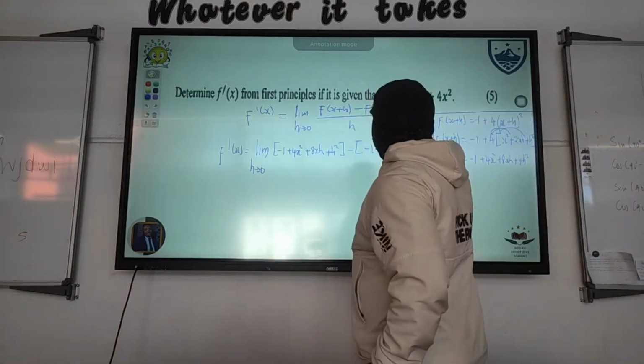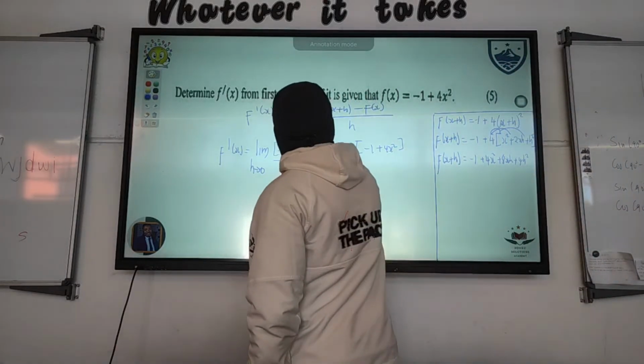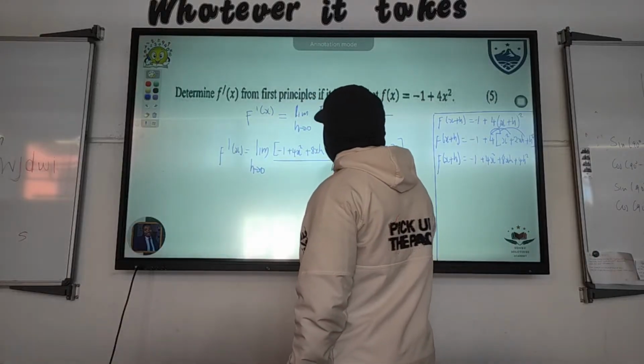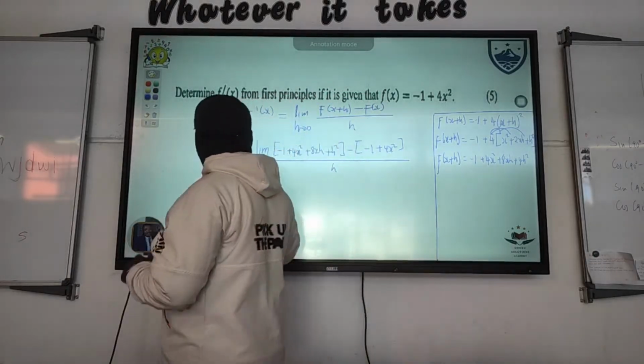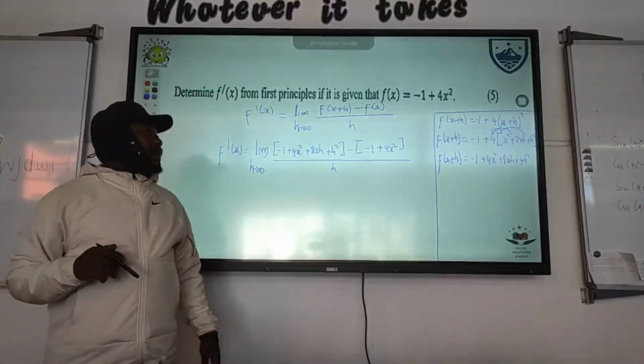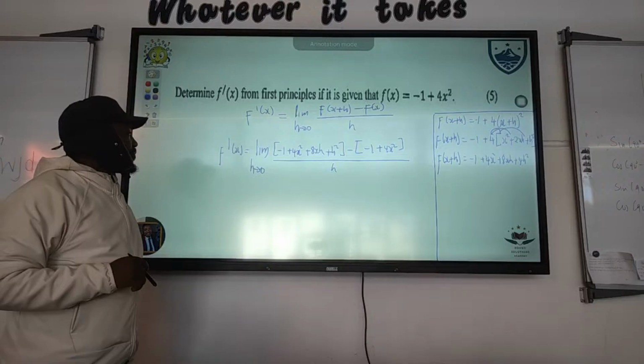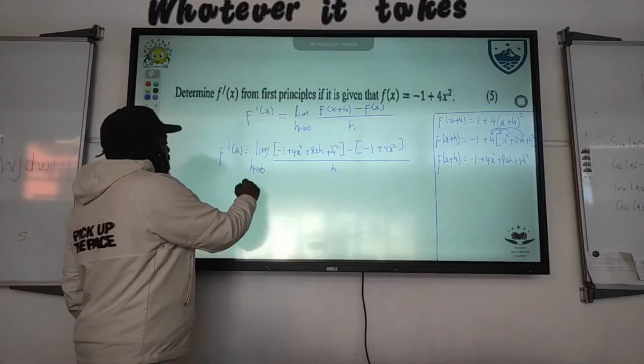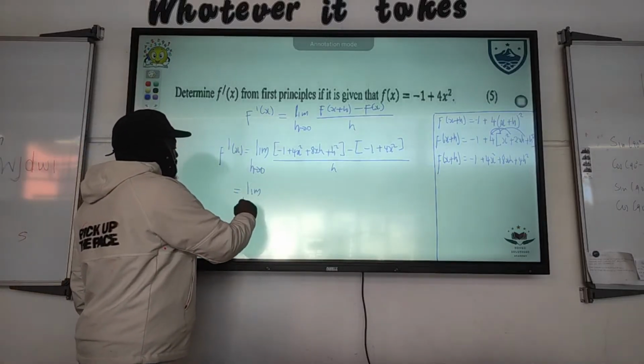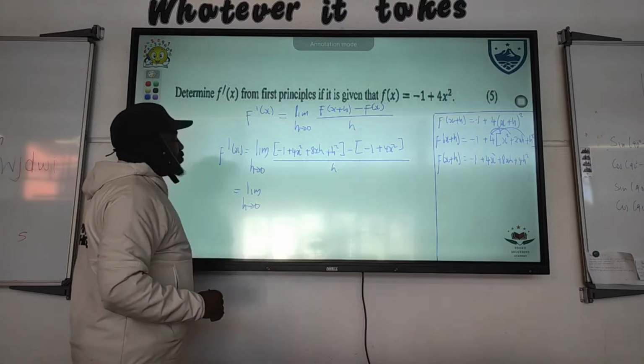And then everything over here. Don't forget the h. And also don't forget the limit. Like I said, don't put the limit on the other side of the equal sign. So the limit when h goes to 0.